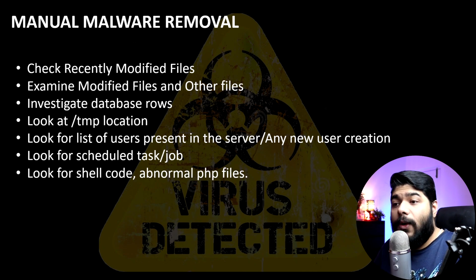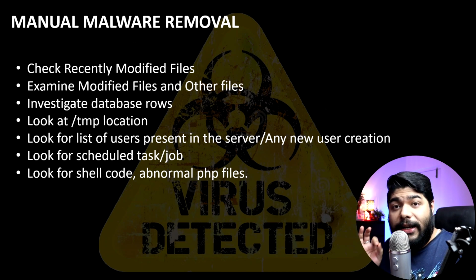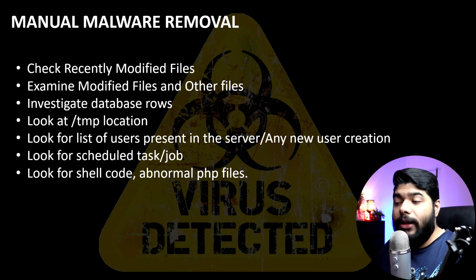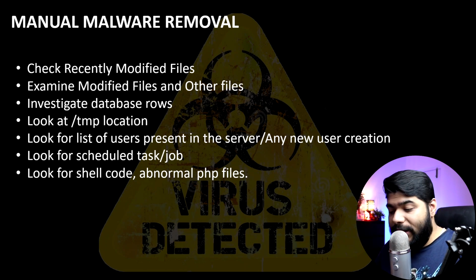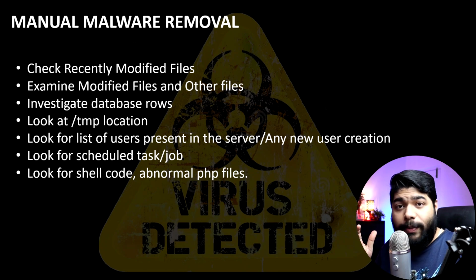Next thing is to look for shellcode and abnormal PHP files, guys. How you can do that, you will see in a second, but this is very interesting. When you are looking for something anomalous, just look at the naming convention. You will see something like gibberish.php.